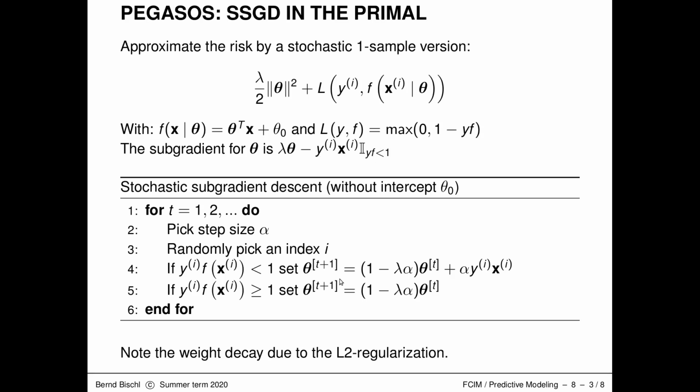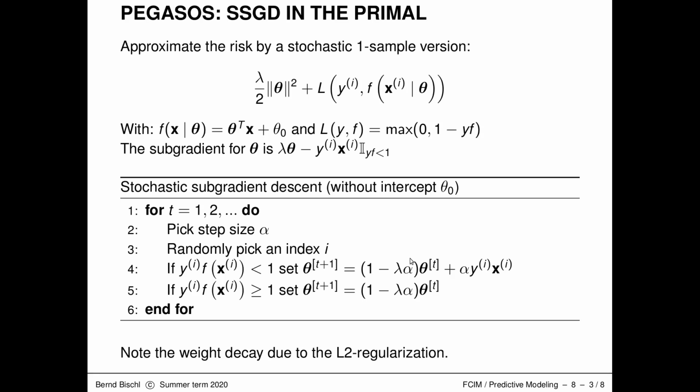Maybe this is easier to see. Here we have the old theta t minus lambda times the step size alpha times theta, which is the gradient component from this regularizer. And here you have the more complex situation where we're also subtracting this guy, so minus times minus becomes a plus.